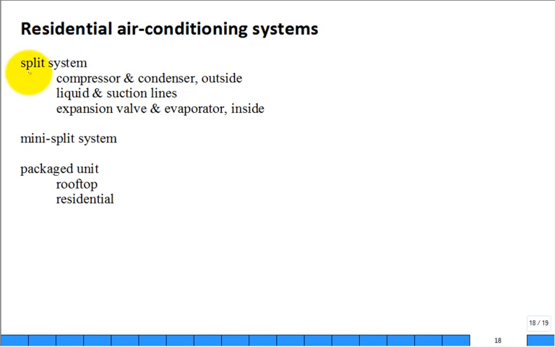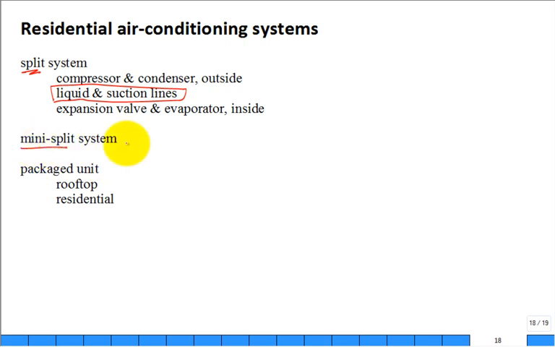So, what's a split system? You have the condenser system or package, which has the condenser coil and the compressor outside, and then inside you have the evaporator with the expansion valve in the closet or in the attic. The suction and liquid line, the line set, connects them up, and that's very, very common. Okay.